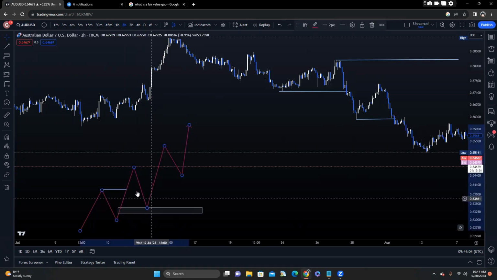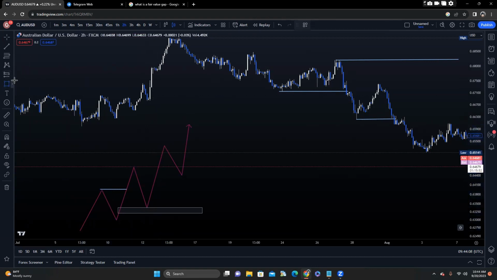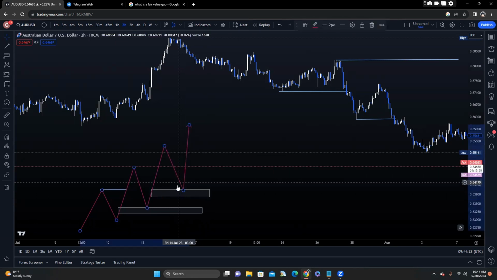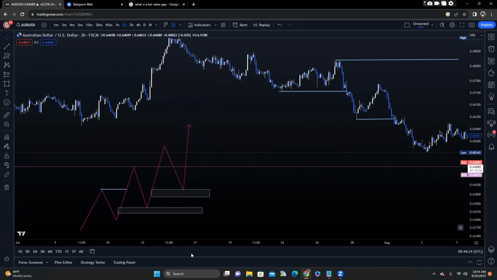Just get the concept. So also on several other occasions, we also see things like this. This is another low taking out this high, and then we may have an order here again. Then price may likely come and do what? Fill this order and continue upwards. So this is just the idea.